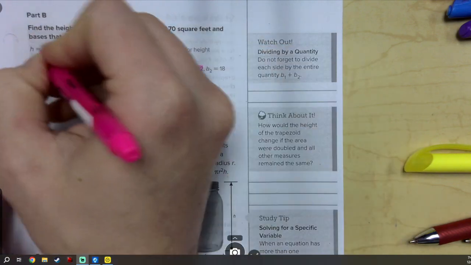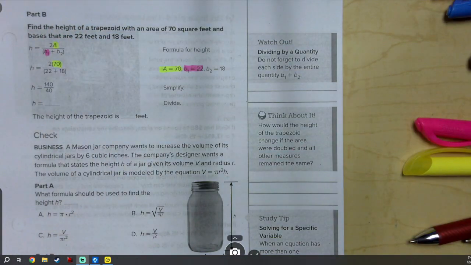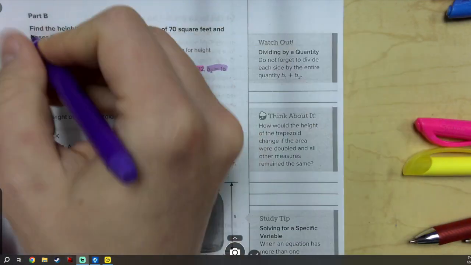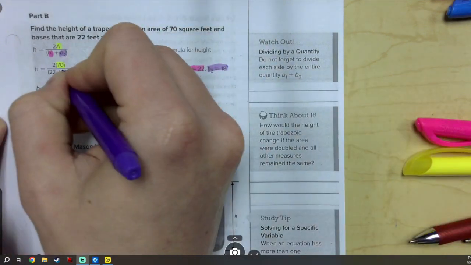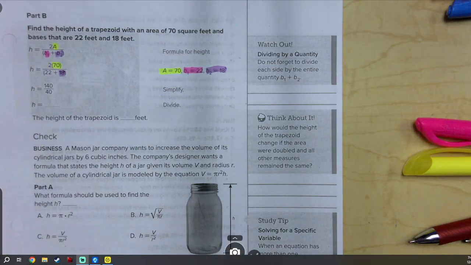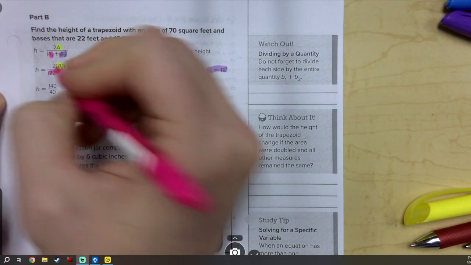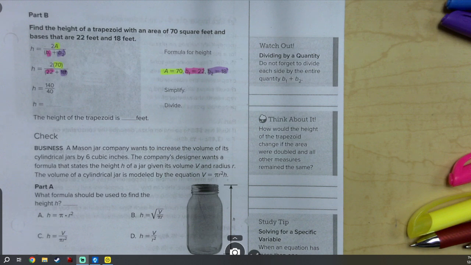We have B1. And we have our B2. I always like to highlight, makes it easier to understand where numbers are going.